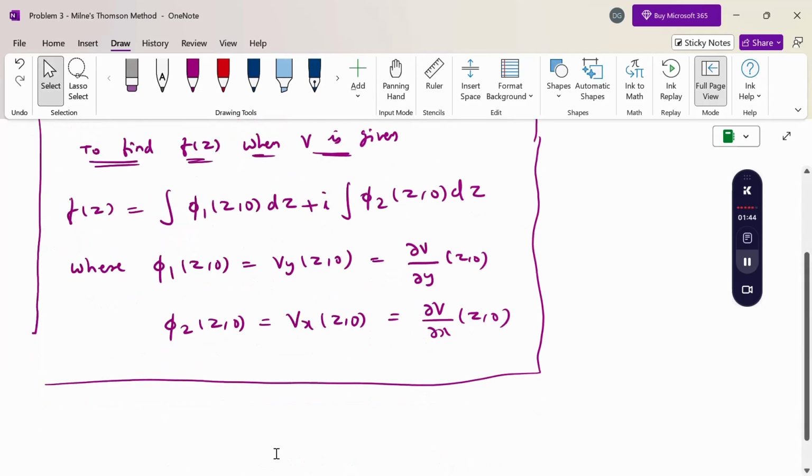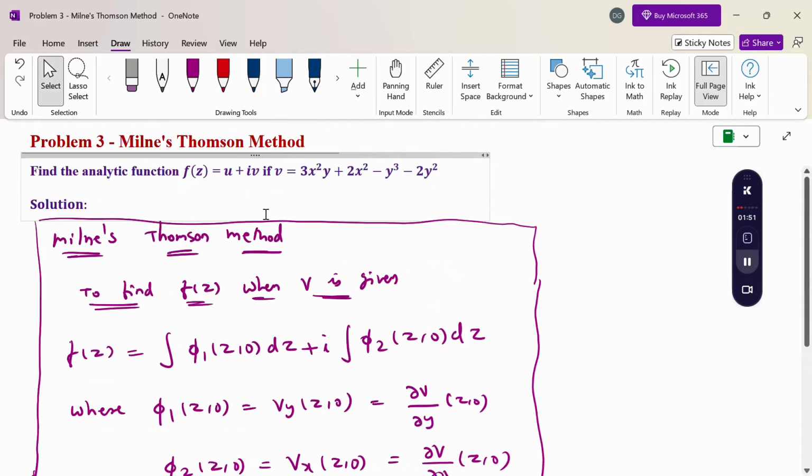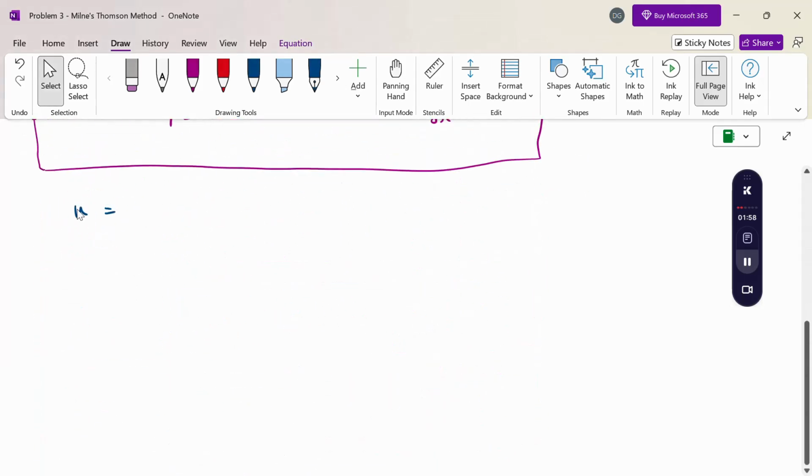So now, v equal to 3x square y plus 2x square minus y cube minus 2y square.